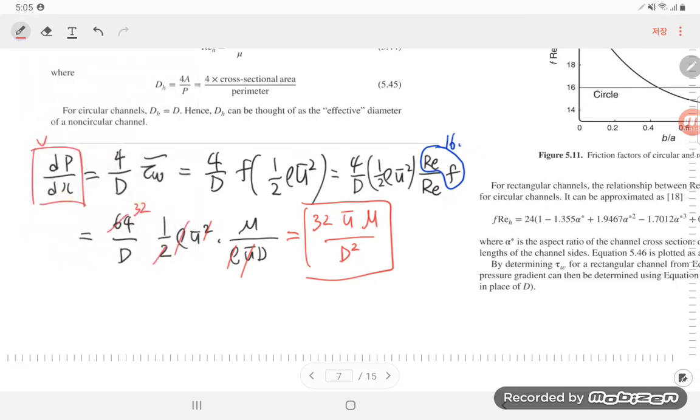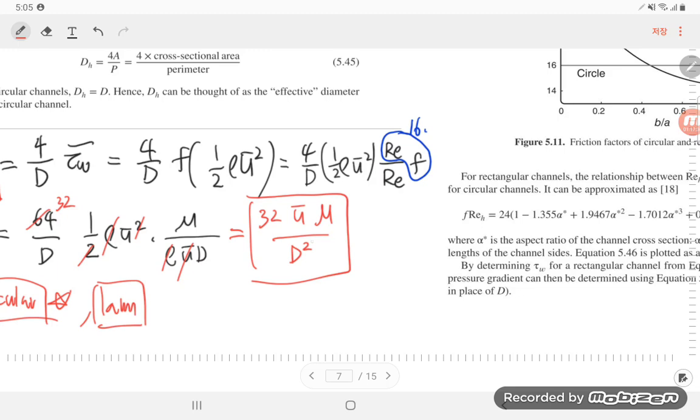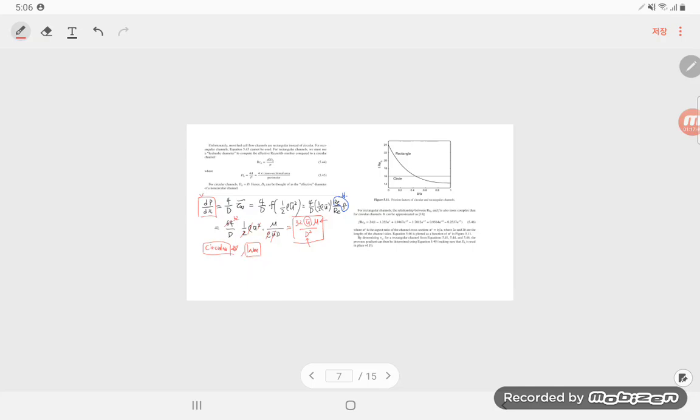And it can be simply calculated only in the circular channel. Circular is very important, and laminar. If we know the geometry, the diameter, the viscosity of the mixture and the mean velocity of the flow, then we can get the pressure drop.